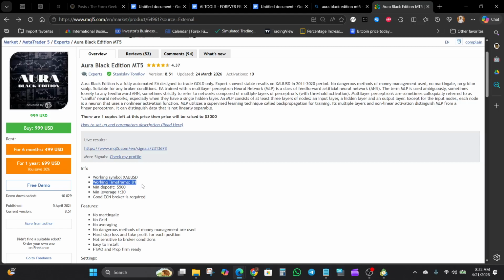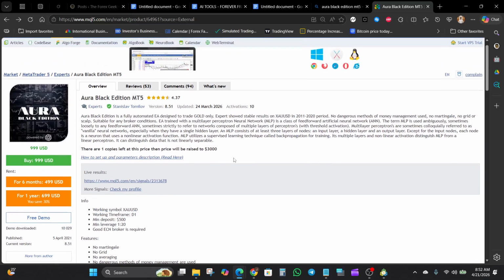They also mentioned that it was trained using a neural network model, specifically a multi-layer perceptron, which basically means the EA is designed to recognize patterns in market data and adapt its decision making based on that training.